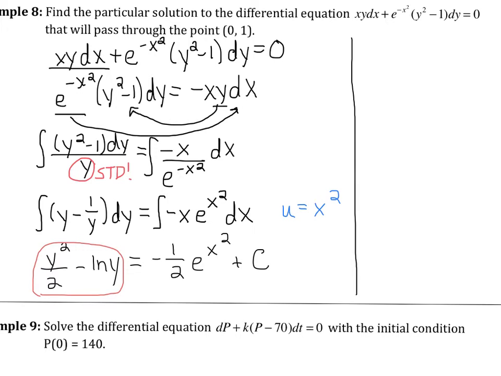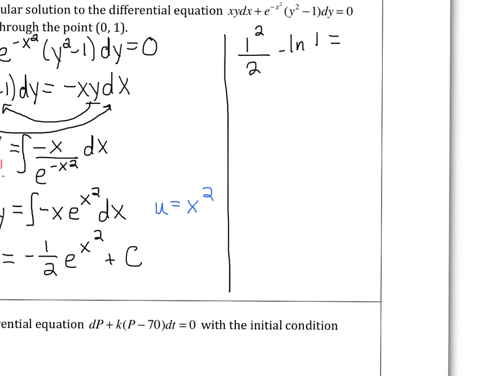So anywhere I see a y, I'm going to put a 1, right? So 1 squared over 2 minus ln 1 equals, and then negative 1/2 e to the 0 plus c. All right, so 1 squared over 2 is 1/2. The natural log of 1 is 0.